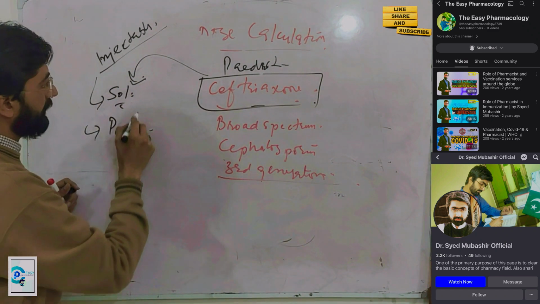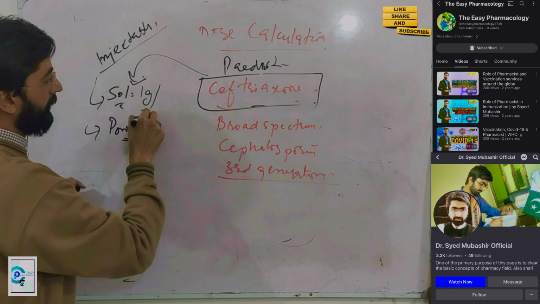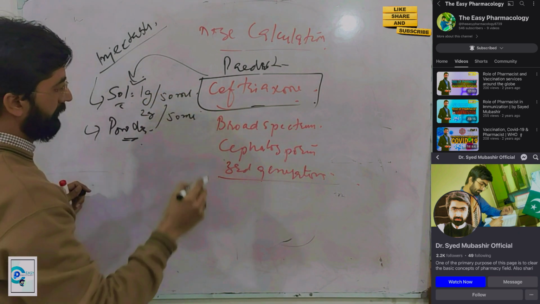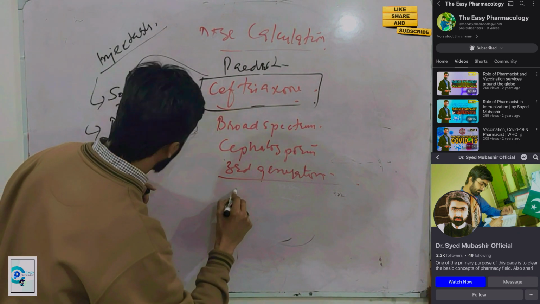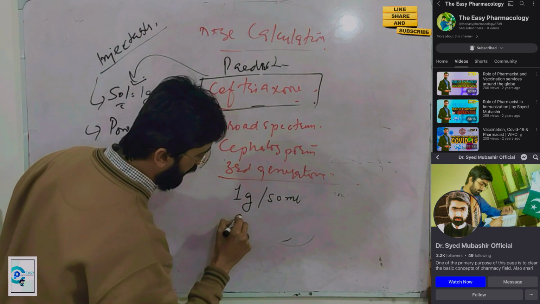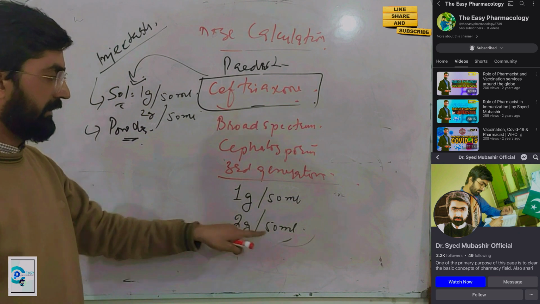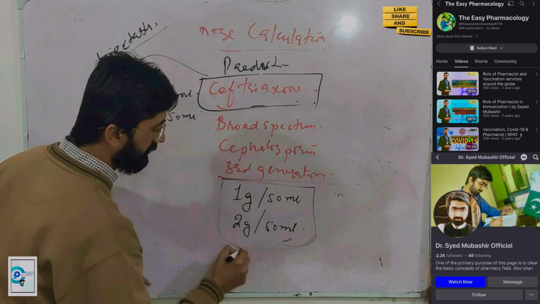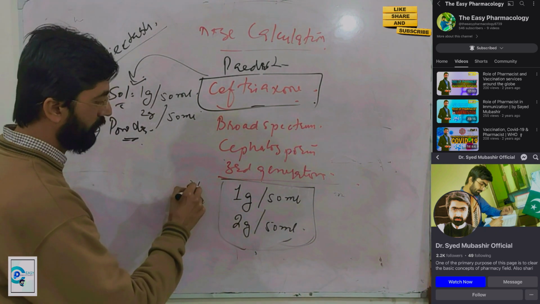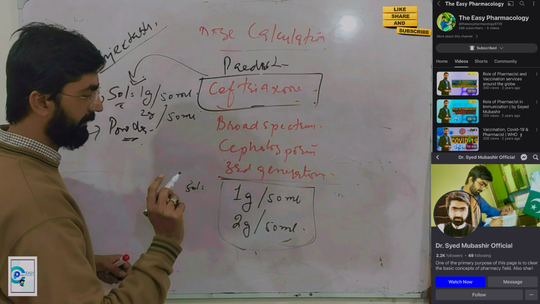In solution form, this is available as 1 gram and also 2 gram, per 50 ml. I'm writing here 1 gram per 50 ml, and also 2 gram per 50 ml. This is the available strength of ceftriaxone in solution form.